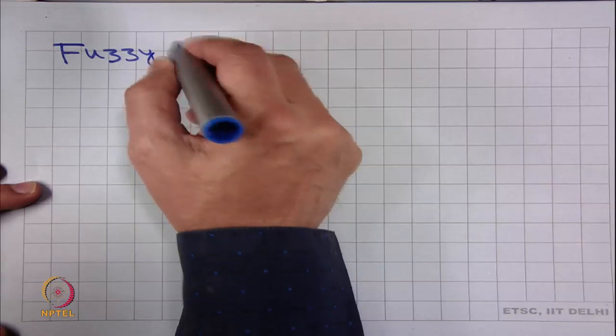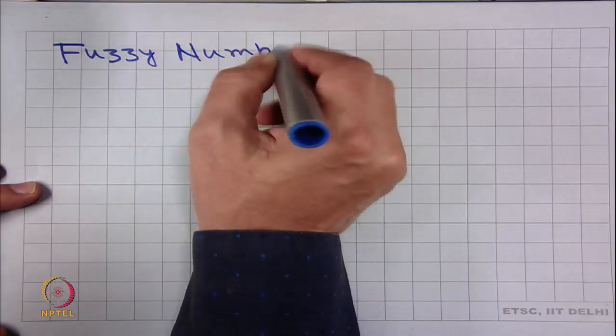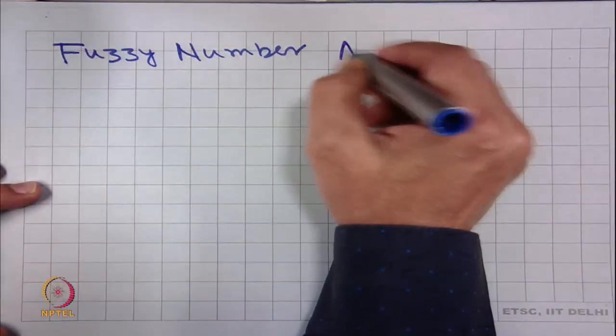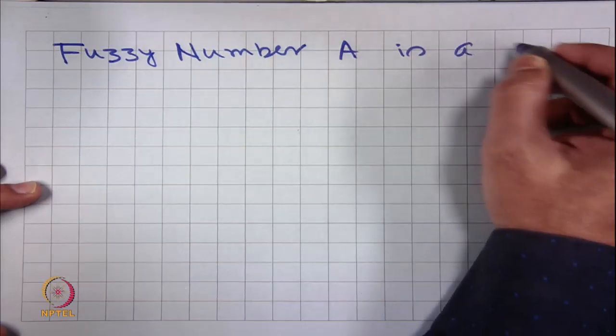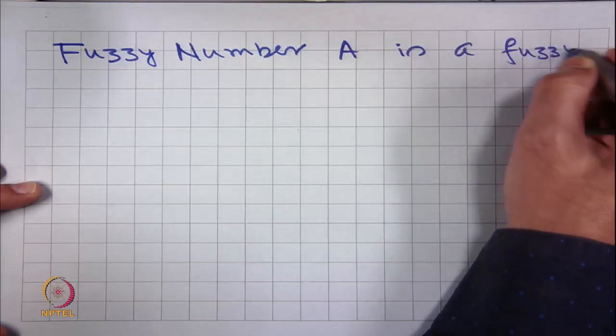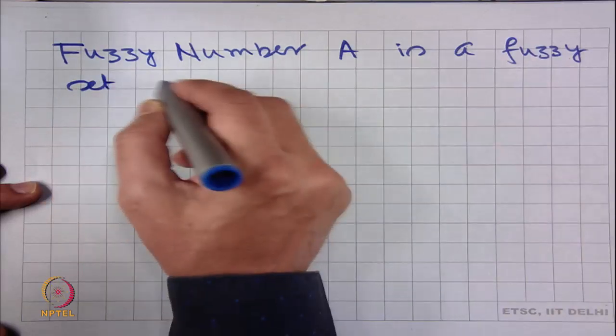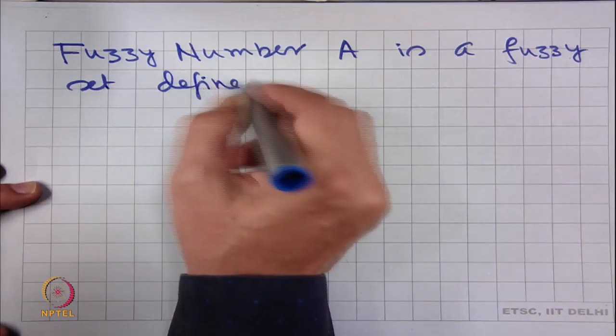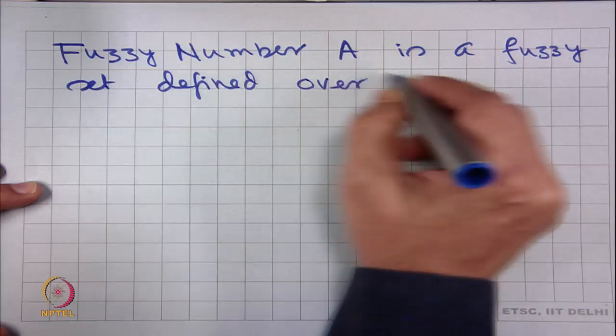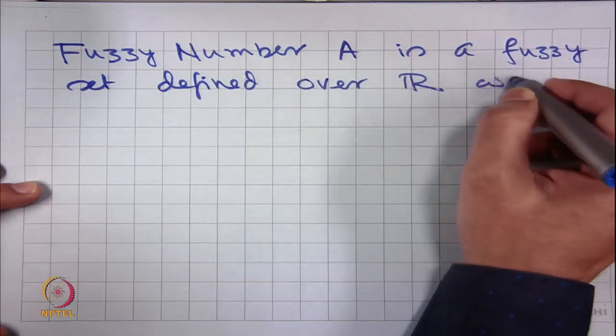So, for a quick recall, a fuzzy number A is a fuzzy set defined over R with the following properties.